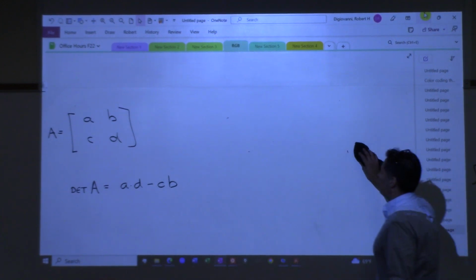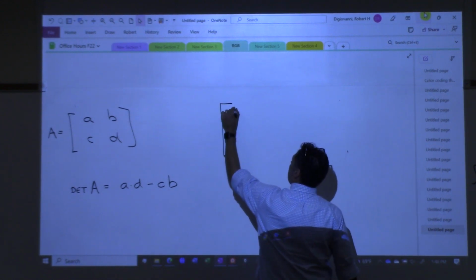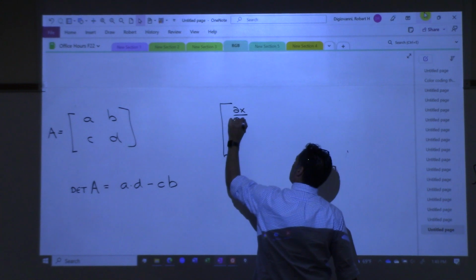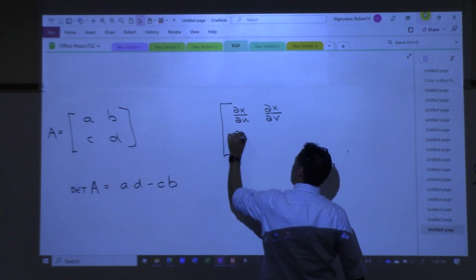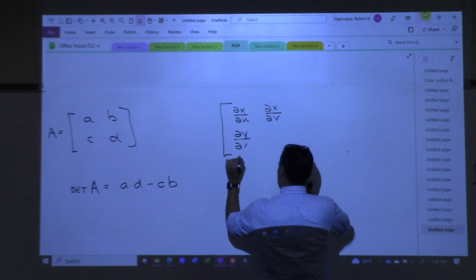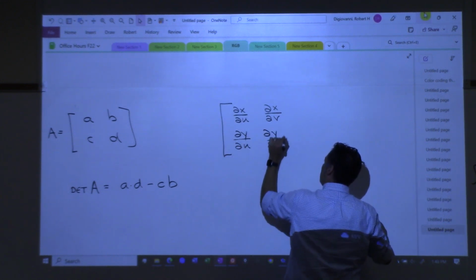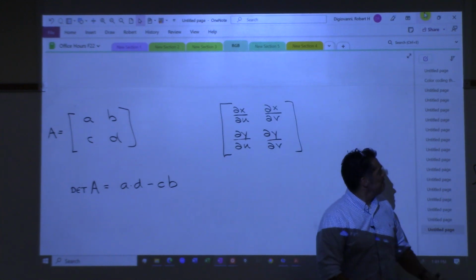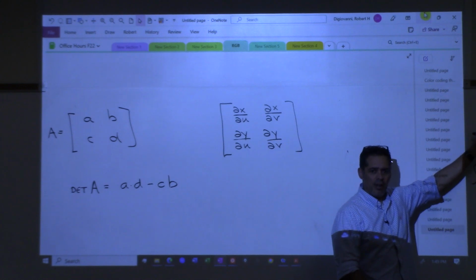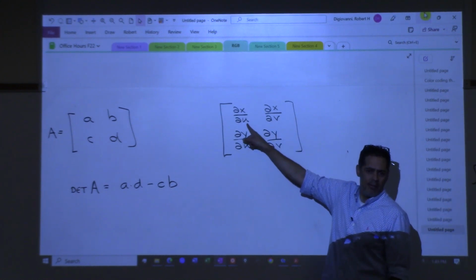Okay, so if I now tell you to take the determinant of this, the partial of x with respect to u, partial x with respect to v, partial y with respect to u, partial y with respect to v. Now let's talk about this matrix that I created first. I'm taking my x, my change of variable, and I'm doing the two partials for that variable x.